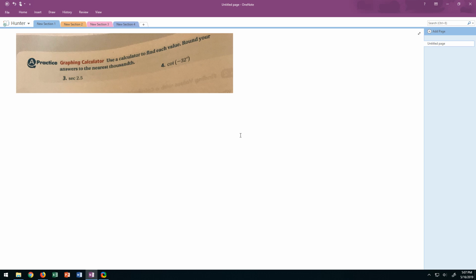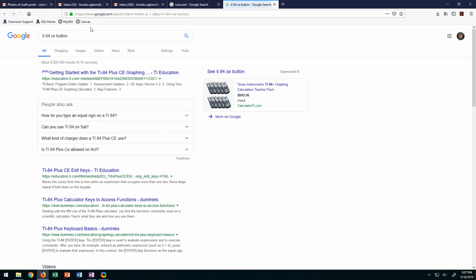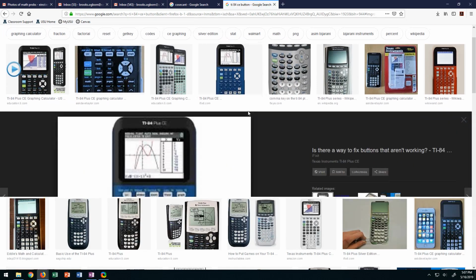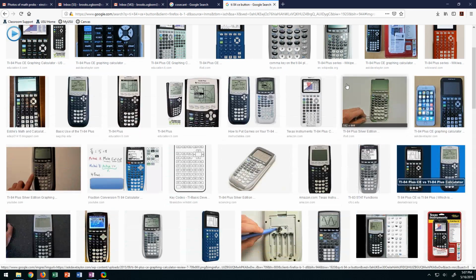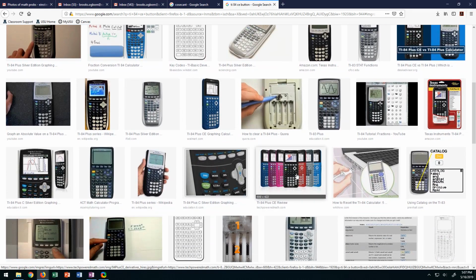So let's see. You've got the TI 84 CE. So let me look up a picture of your buttons. I want all the buttons.